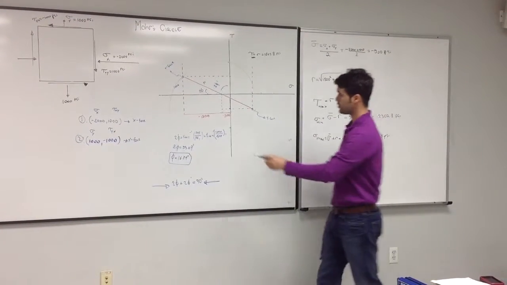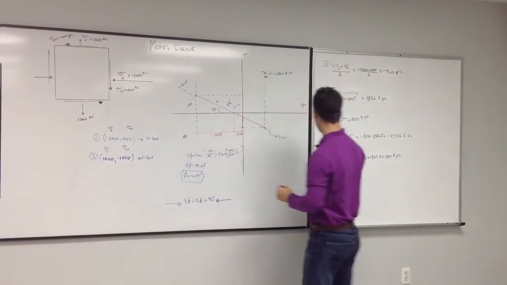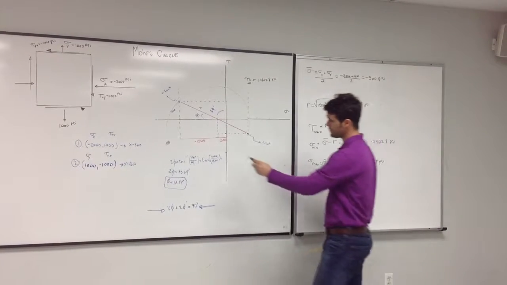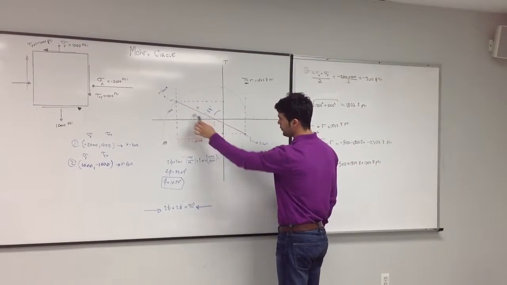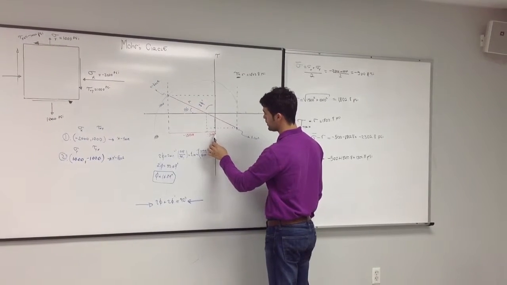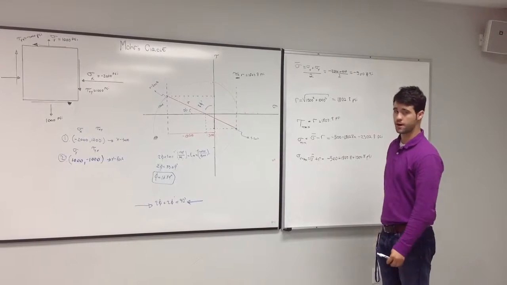Now, in order to determine our minimum normal stress, it is pretty simple. It's this distance of the radius plus the distance of sigma bar. Actually, I'm sorry, it's not plus, it's minus.